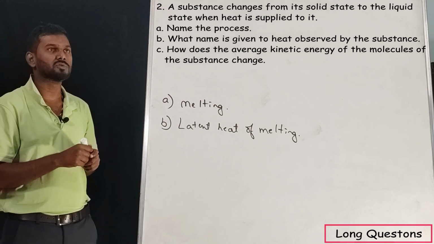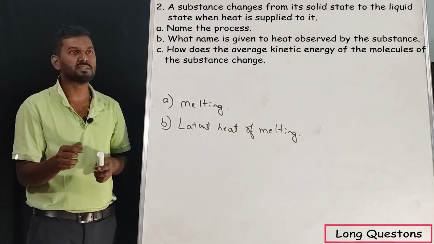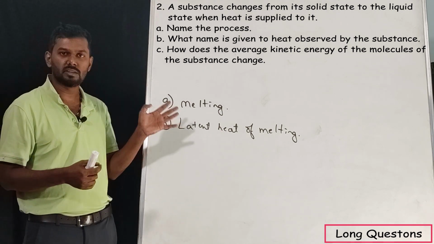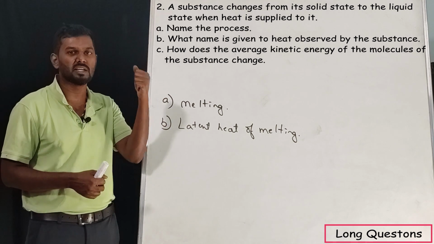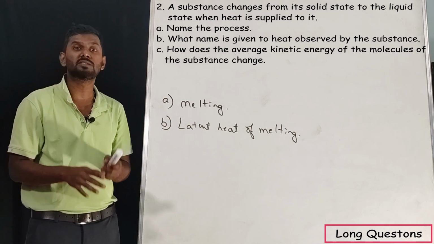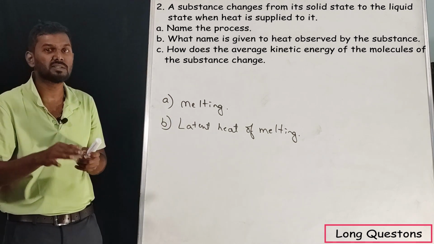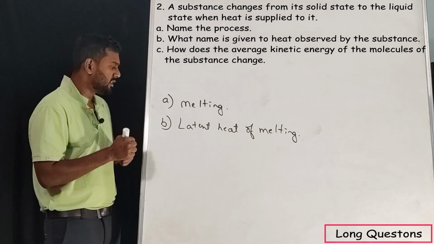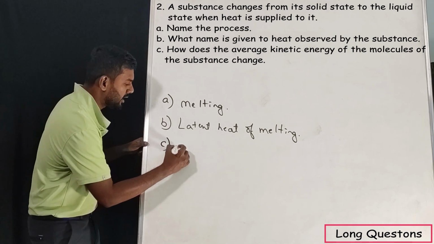Next, third sub question: how does the average kinetic energy of the molecules of the substance change? We know whenever there is a change in phase, the temperature is always constant. If the temperature is constant, then there will be no change in kinetic energy.